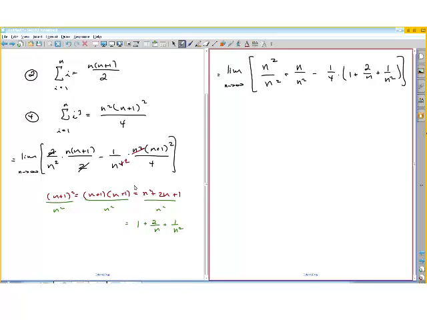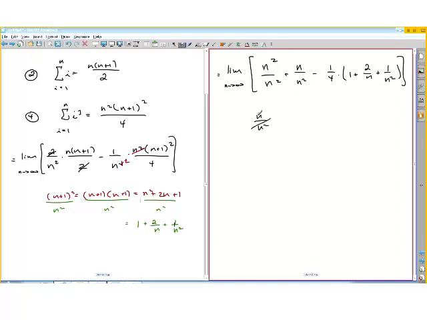Negative 1/4 times the ratio of these. This multiplied out gives us n squared plus 2n plus 1 divided by n squared. So this becomes 1, this becomes 2 over n, this becomes 1 over n squared. Okay, now we're going to take the limit as n goes to infinity.